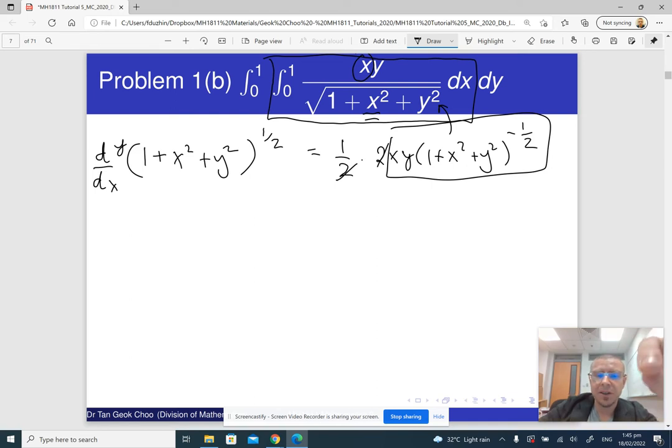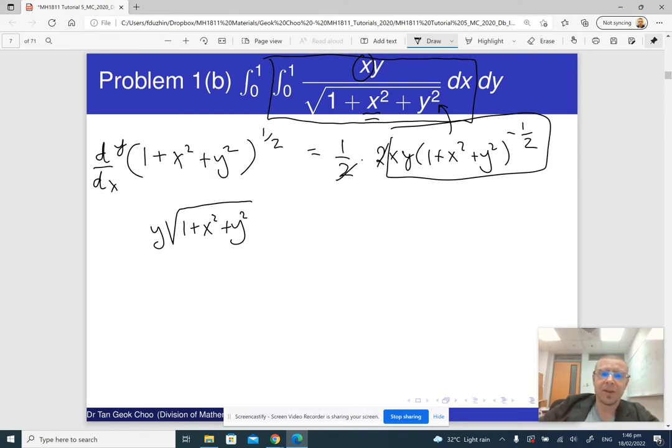So which means that the antiderivative of the given expression is y times 1 plus x squared plus y squared raised to the power 1 half, or if you prefer square roots, it's the same as the square root. That's the antiderivative of our integrand with respect to x, right?